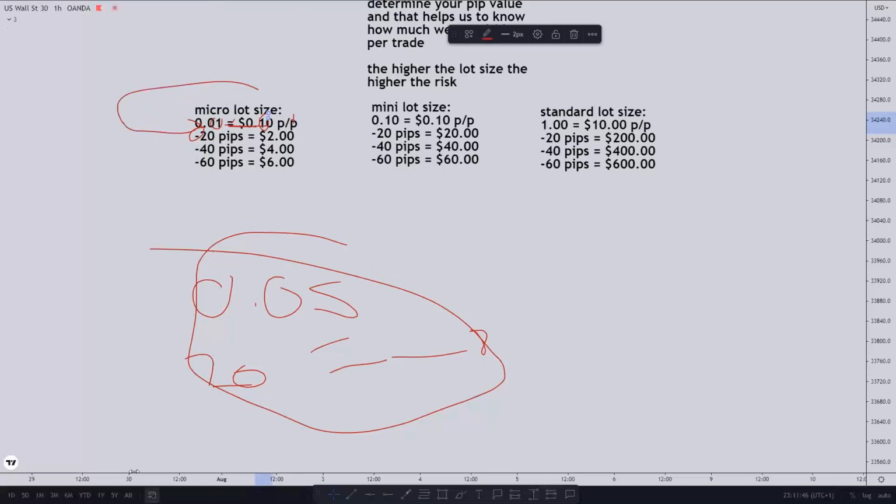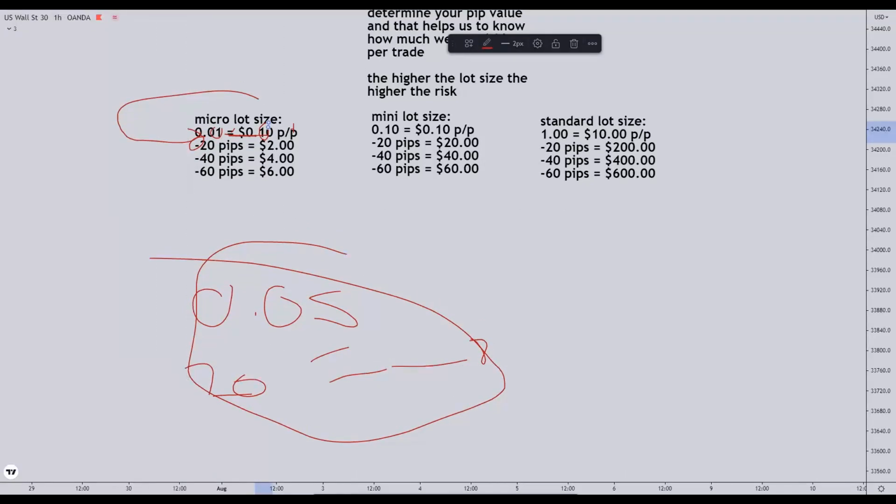I don't know if I'm calculating it right, but I'm getting 0.6. Let's just do this again. Yeah, I'm getting 0.6. Gonna be risking 10. Oh yeah. So that means each pip is gonna cost 60 cents.